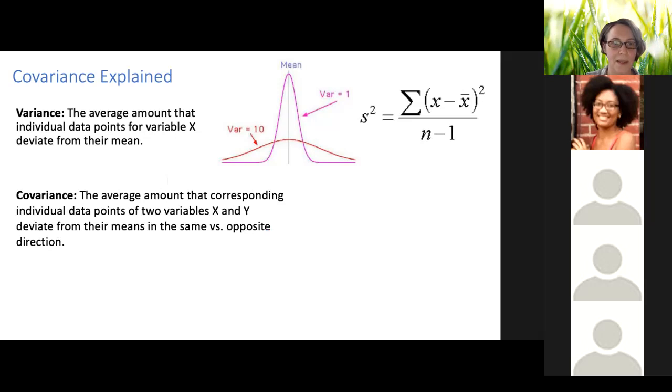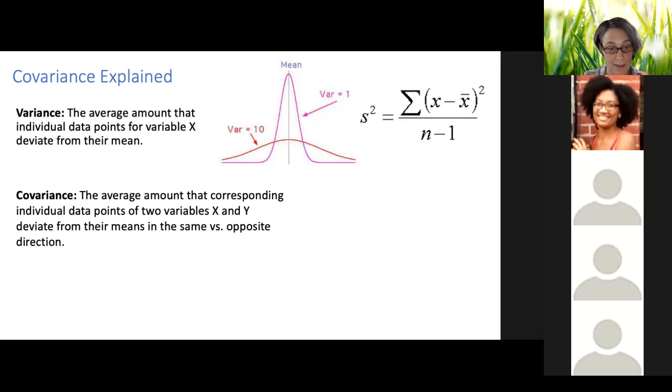Okay, and when we're talking about covariance, we mean nothing but the average amount that corresponding individual data points, data points that belong to the same observation unit, deviate from their means. The difference is just that we are now focusing on two variables and not just one.